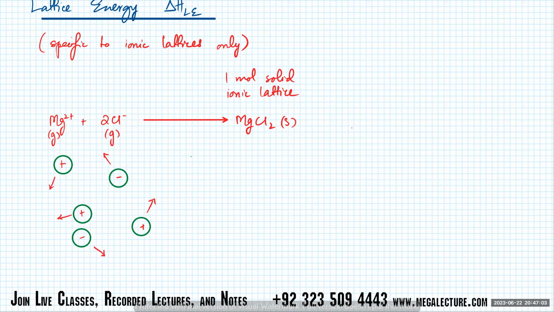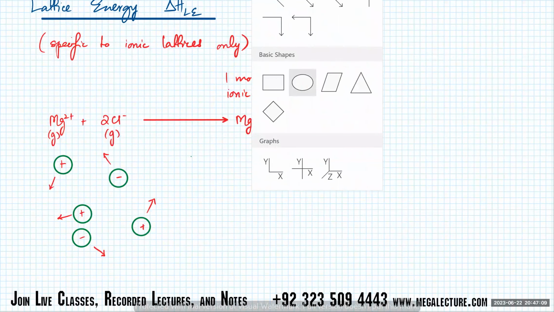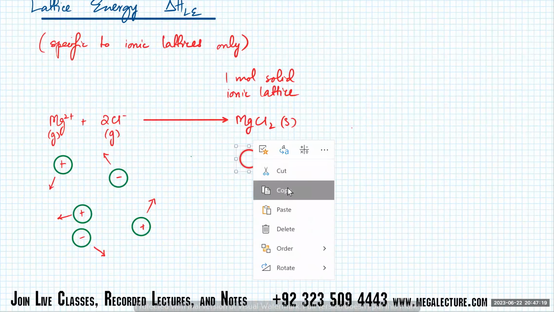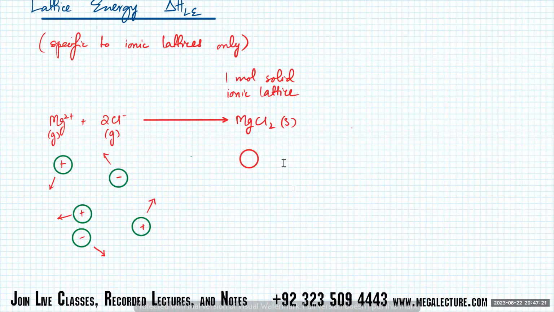And if they're put together, they would attract each other and they would form a lattice. They'll all get together to form this ionic lattice. Ionic lattices always look like this. Let me put together an ionic lattice. Positive ions are attracted to negative ions.